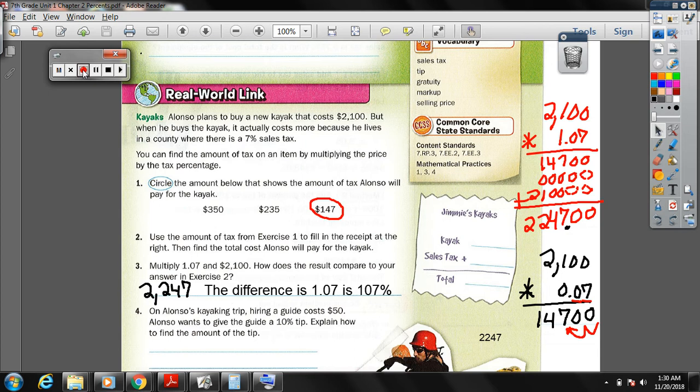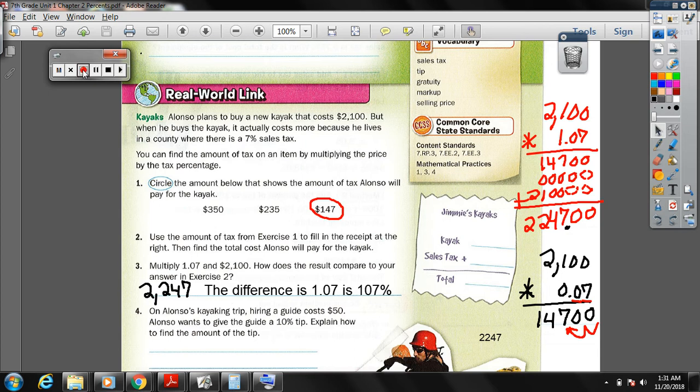And what that means is that with the sales tax included, compared to the original cost, we're going to be paying 107% of the original cost because of the sales tax. Let us continue and see how we can apply this to other problems. The next problem we are talking about Alonzo.